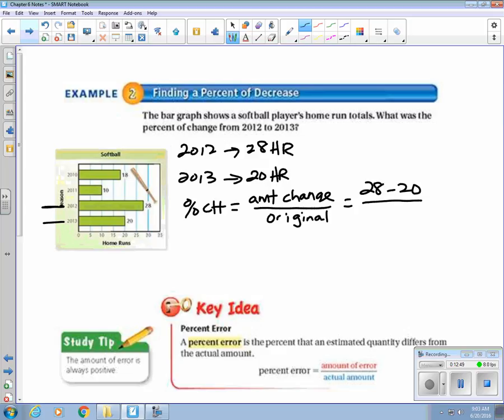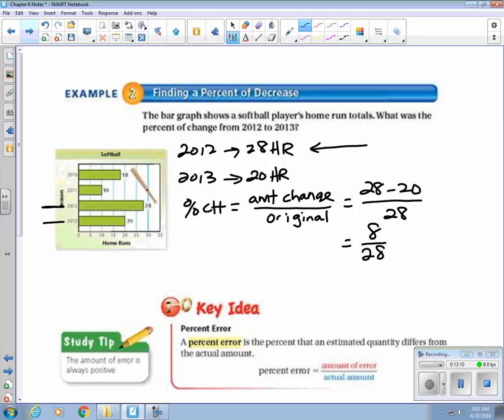Now, 2012 is the original because this is the year that comes before. So we're going to divide by the original, which is 28. 28 minus 20 in the numerator is an 8. 8 over 28 is our fraction that we now need to change into a decimal and then to a percent.